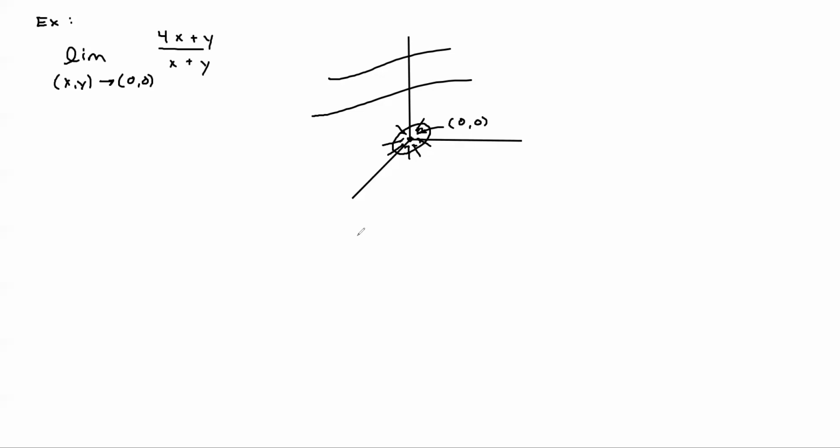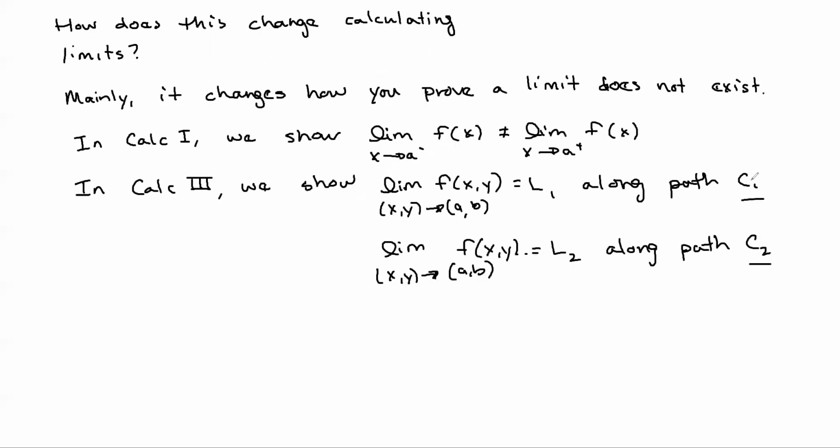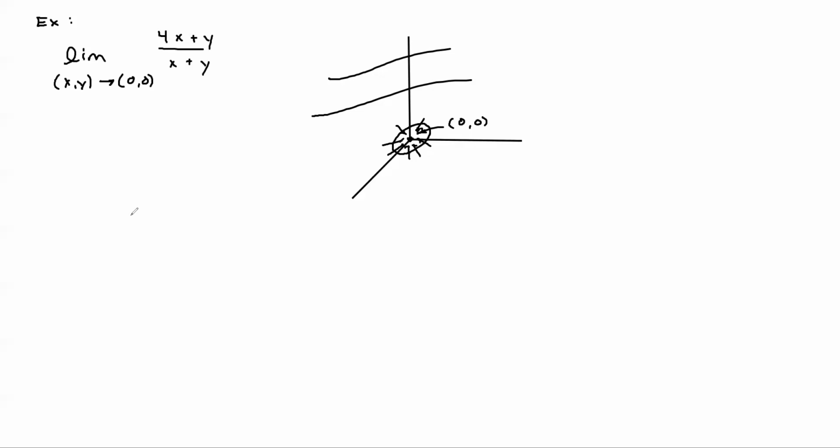Okay. So when we talk about paths, this talks about paths. I'm going to go through and show you what paths to use, because that's going to be a little confusing. The paths that we're going to use, we're going to start off by approaching (0, 0) along the x-axis. That's a path, right?